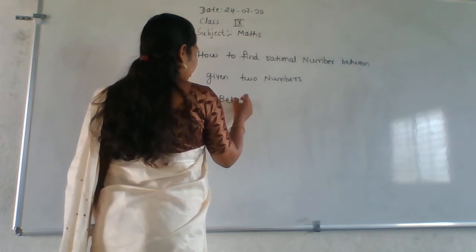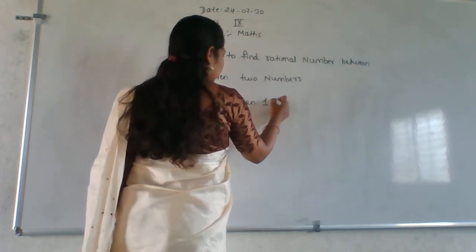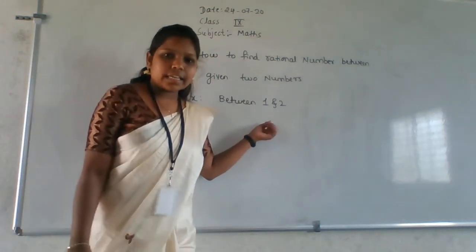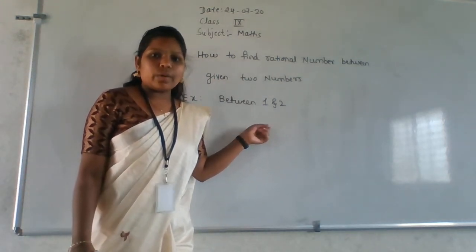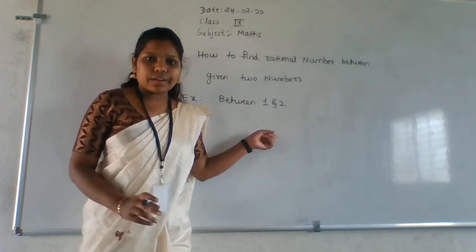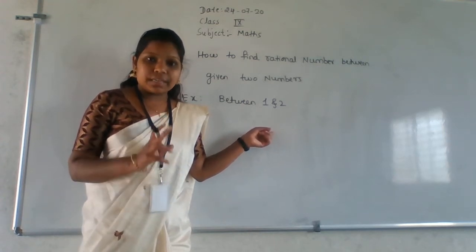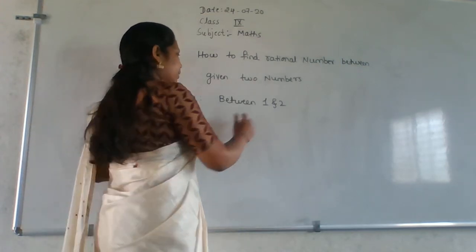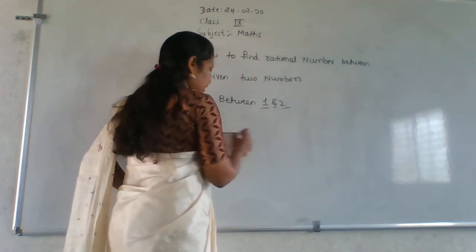Between 1 and 2, you have to find a rational number. You have to find the rational number between 1 and 2. Okay, I'll show how to find the rational number between 1 and 2.